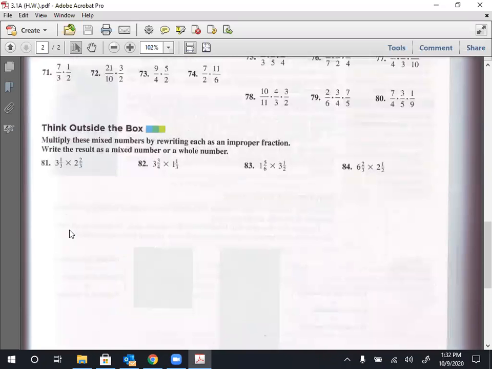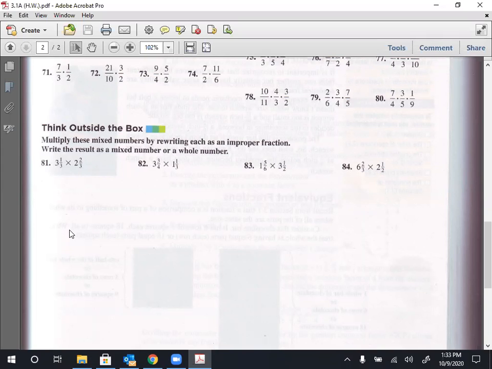Now it says multiply these by writing each of them as improper fractions and then write the result as a mixed number or a whole number. That's a little different. That puts together the skills that you've used in the section.